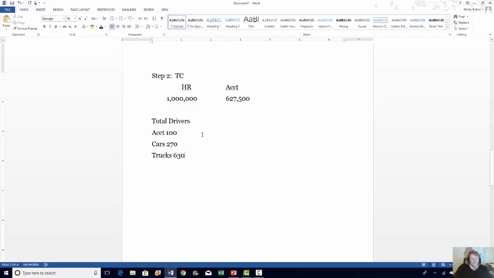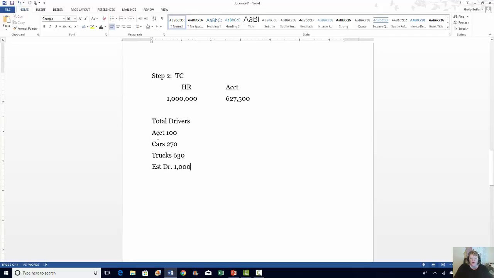And our estimated drivers is 1,000. Because 100, 270, and 630, I can put a line under that so we can know that that's added up, is 1,000. Now, we have to do HR.